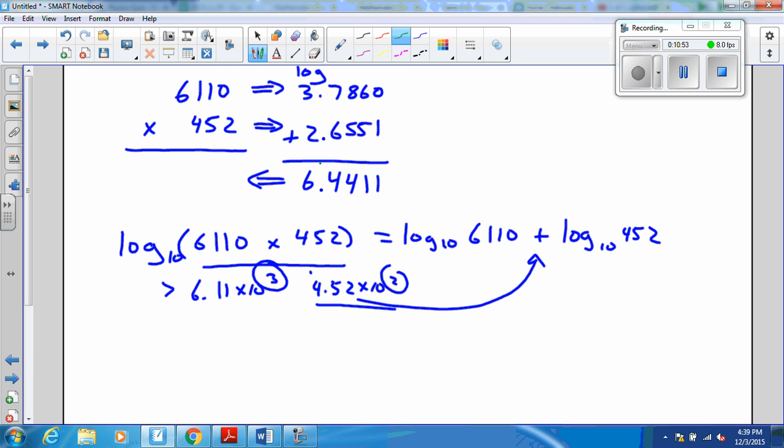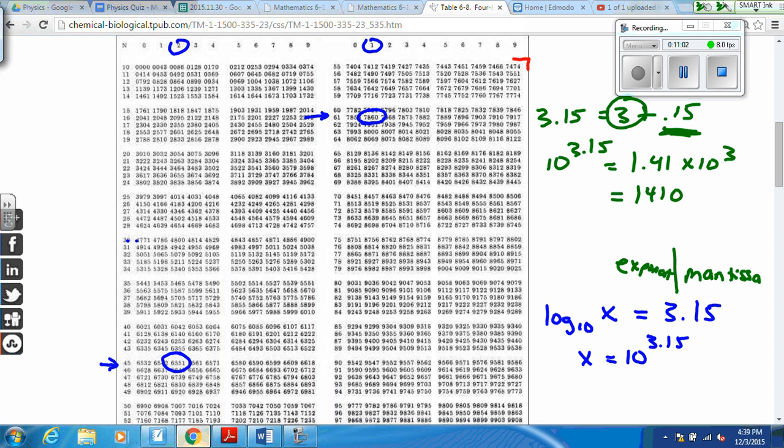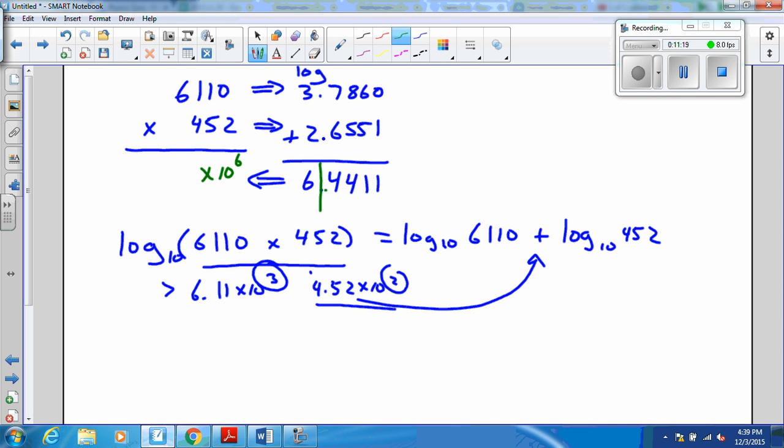Let's go back and do a reverse lookup, remembering that we're going to split exponent and mantissa. I'm going to look up 0.4411, and then my final answer will be times 10 to the 6th. Let's see here on the table, 0.4411 looks like it is closest to 4409. 4409 is 276. 2.76 times 10 to the 6th is the product of these two numbers.